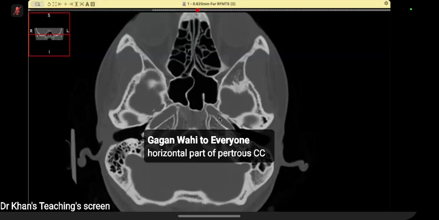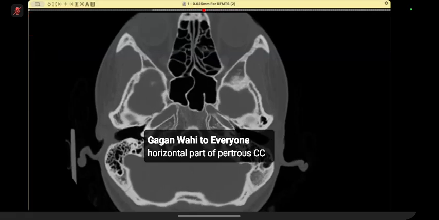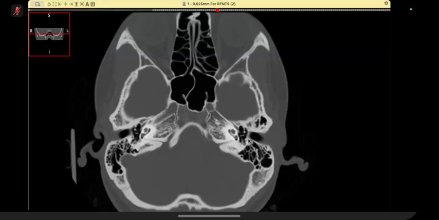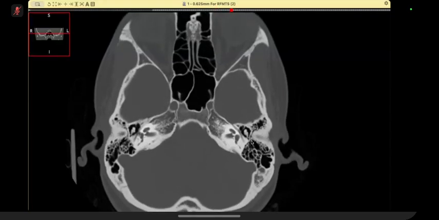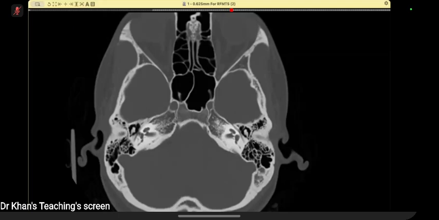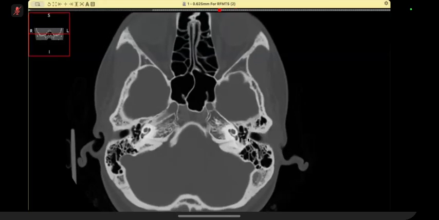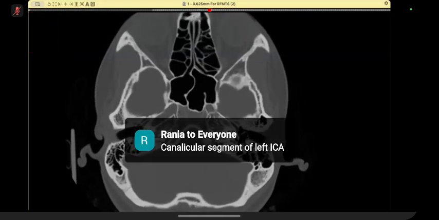Now, I take you back to the middle ear cavity. Just to orient you, I have gone superiorly. This is the epitympanum, where we can see the head of the malleus and we can see the incus. Now I am coming into the mesotympanum, and here we can see the external auditory canal.